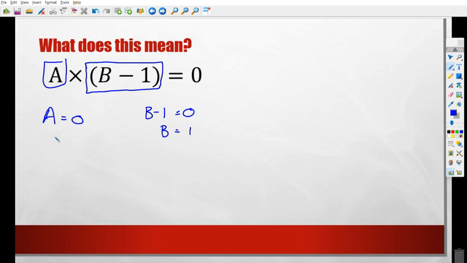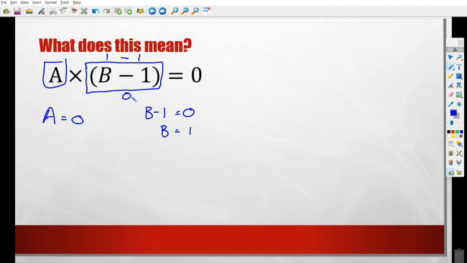Now let's look. If a is 0, I've got 0 times, it doesn't matter what this is, 0 times anything is 0. Fantastic. But now if b is 1, I've got b, which is 1, minus 1. What is 1 minus 1? 0. So now 0 times anything is 0. Do you see why we solve for b there?